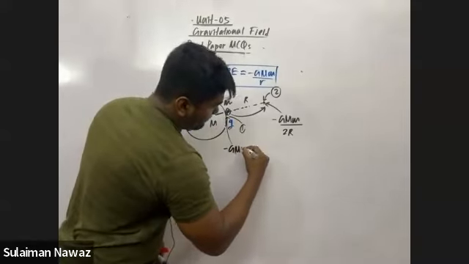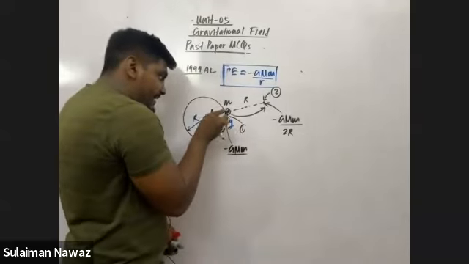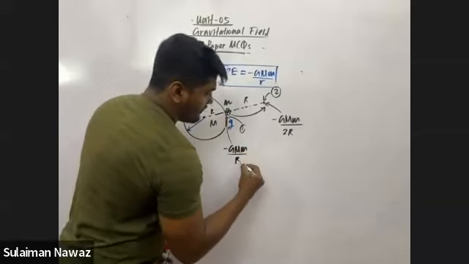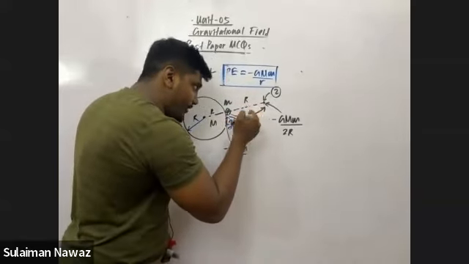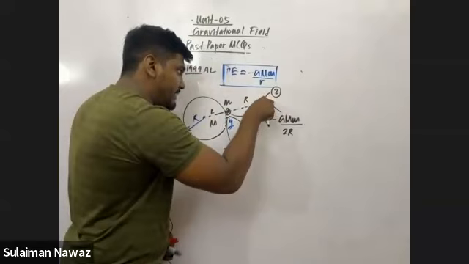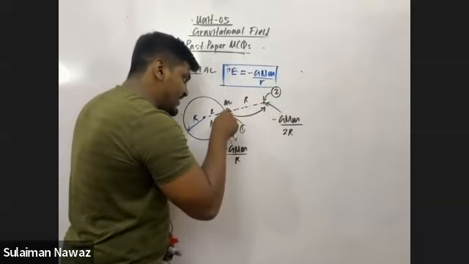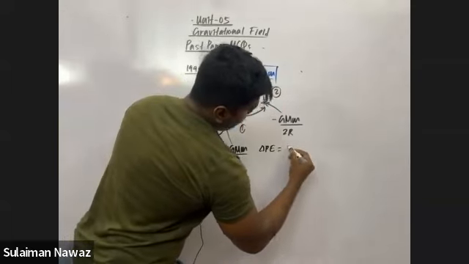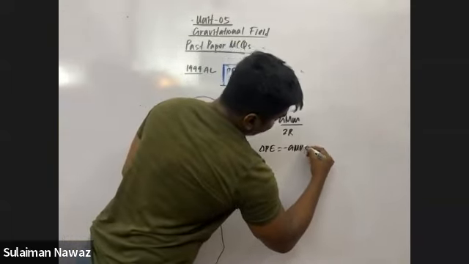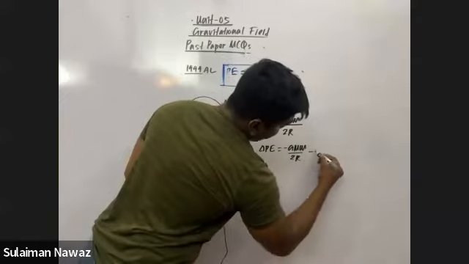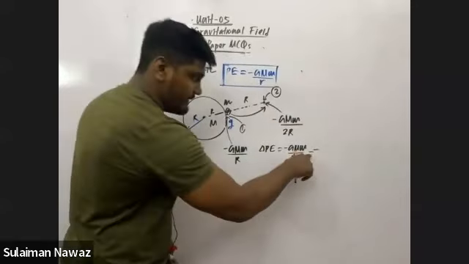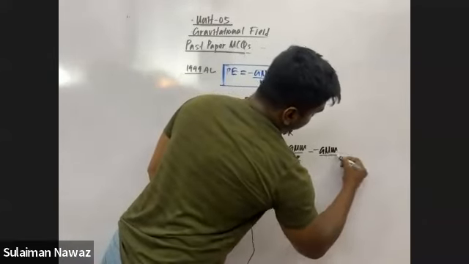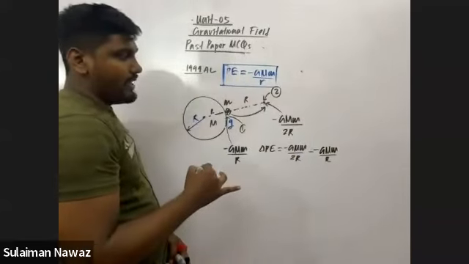Minus G capital M simple m, the distance between the mass and the center of the Earth, capital R. Then if you want to find the change in potential energy, it is final potential energy minus initial potential energy: minus G capital M simple m over 2 capital R minus minus G capital M simple m over R, right?